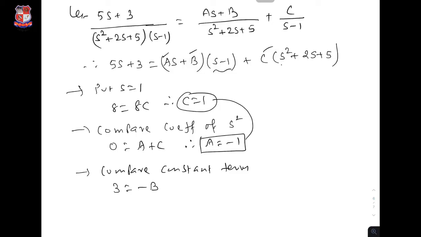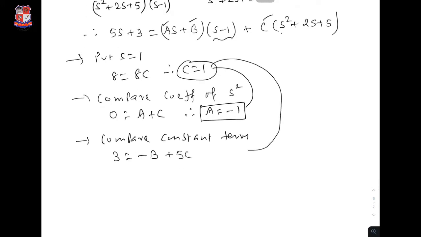And for c s squared, no constant term, this one also no, but 5c is a constant term, so plus 5c. We have the value of c, so we put it here. So 3 equals minus b plus 5, and therefore b equals 5 minus 3, and that is 2.